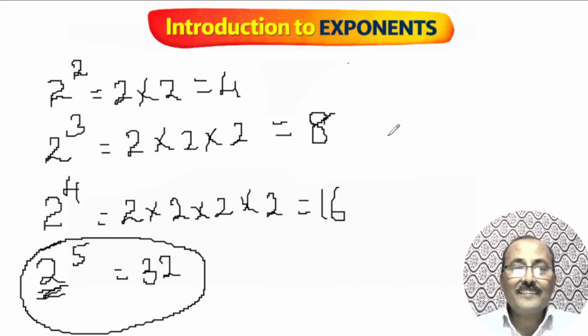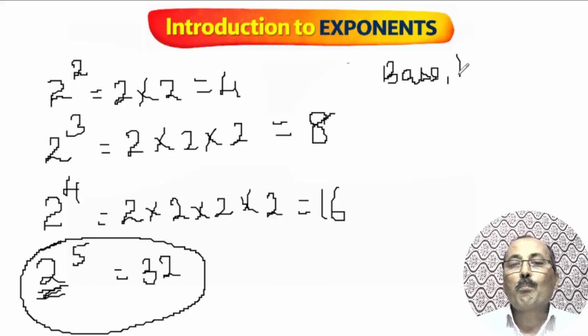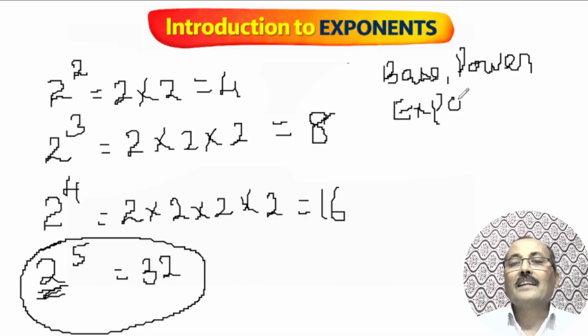So this is an extension of a square and a cube. Now we are going to read in this chapter about base, power and exponent, all these three things and their applications. Now I will give a few more examples.